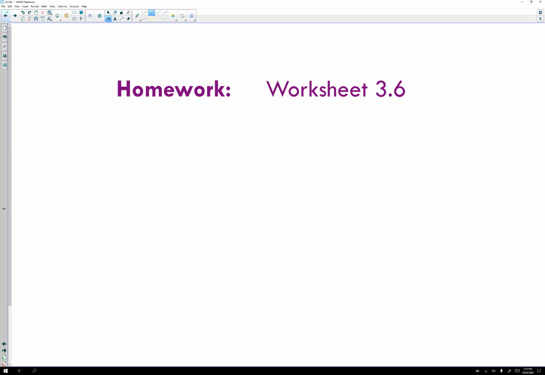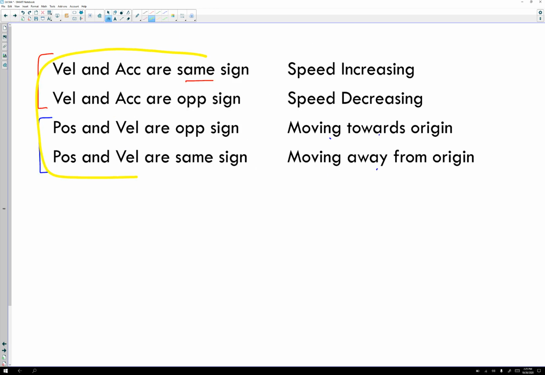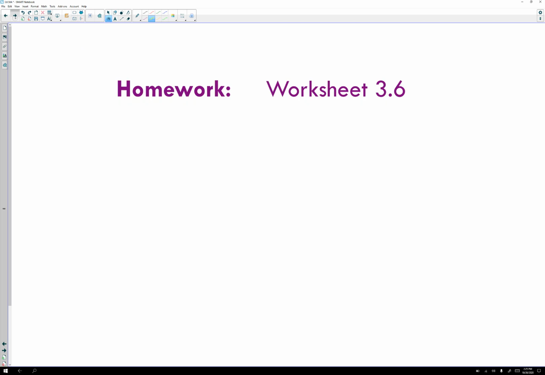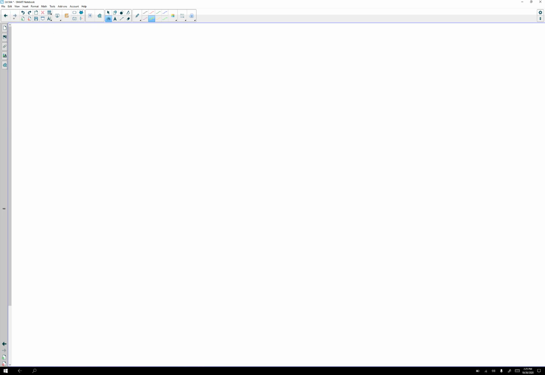Your justifications are basically all of these things and all of these things. Okay, like those are the types of justifications that you'll write down. But you only need to justify for those last 3 problems, parts C, D, and E. Okay? All right, now you are good to go for 3.6.